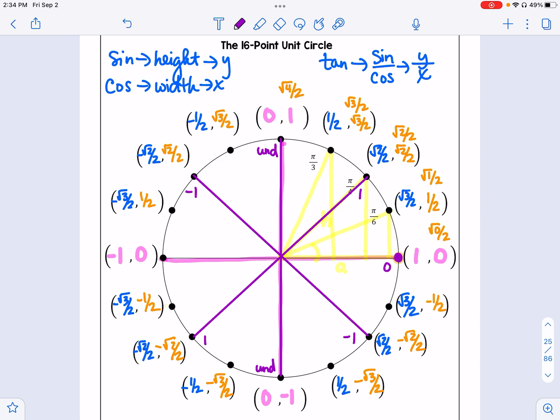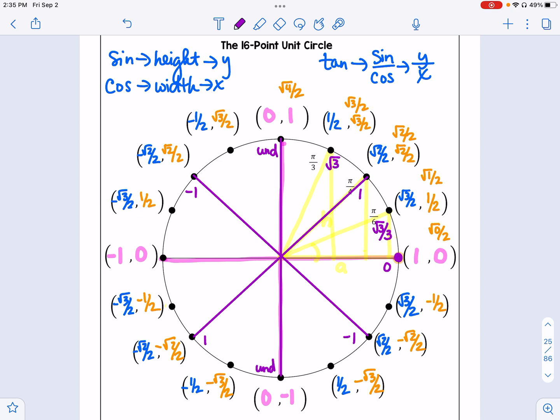Those in between, we know from using your triangle trig that our two options left are radical 3 and radical 3 divided by 3. Well, this slope is significantly taller. In fact, it's 3 times as tall, right? So this is radical 3, and this is radical 3 over 3.